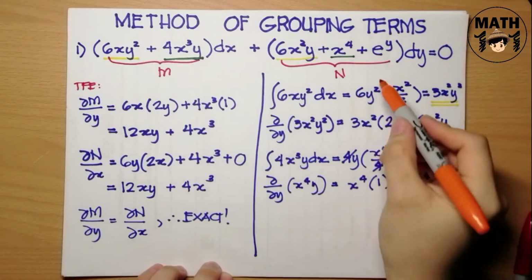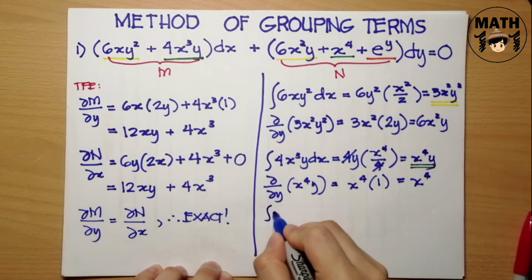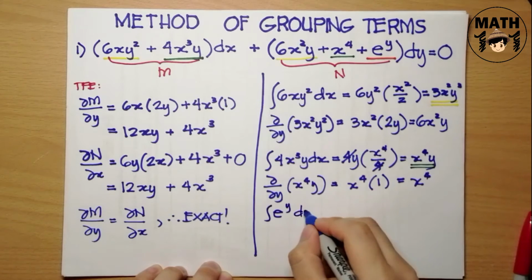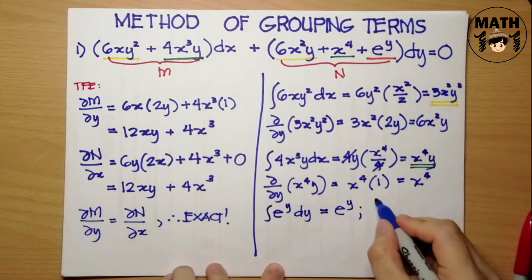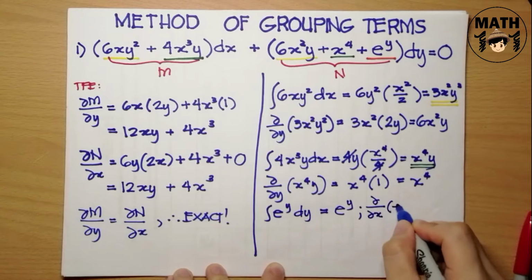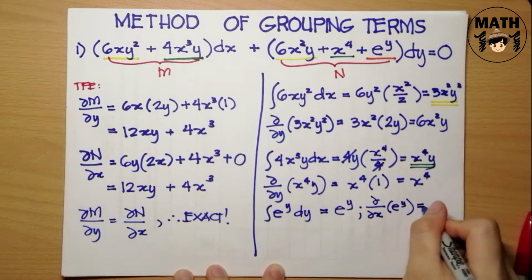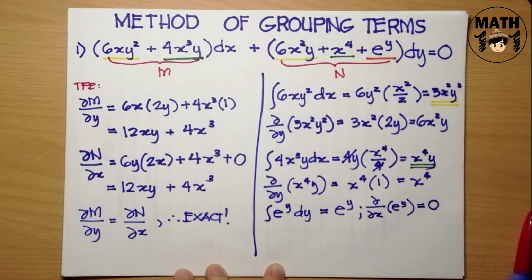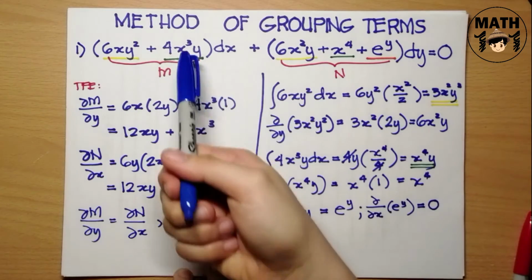Ang natitirang term na lang sa atin ay si e raised to y dy. Integrate natin si e raised to y dahil kasama siya ni dy with respect to y. Same lang naman siya. Then, differentiate natin siya with respect kay x. Dahil y to, pag dinifferentiate natin siya with respect kay x, this is just equal to 0. Imagine nyo merong plus 0 dx dito. So, yun yung kapartner niya.